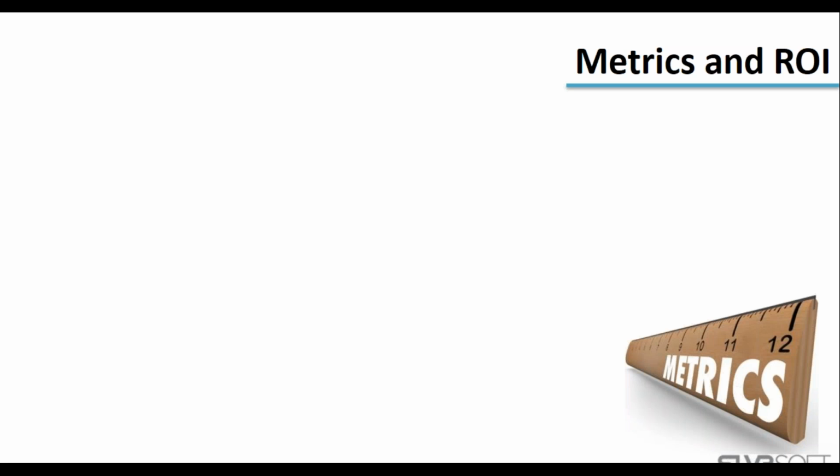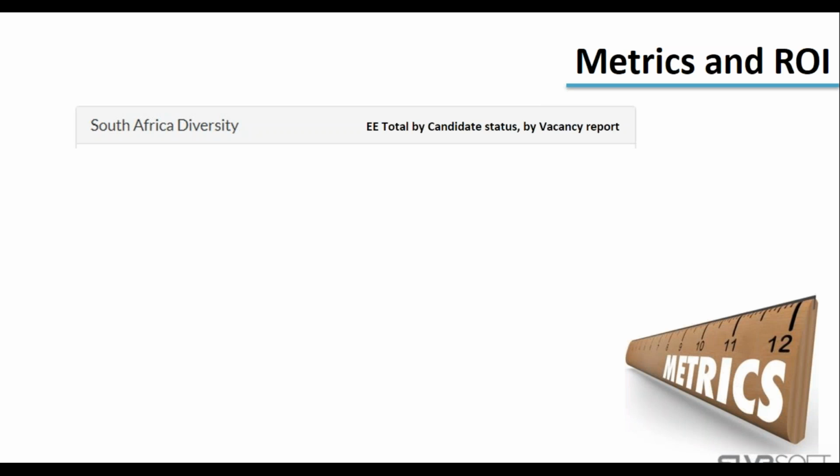From a metrics perspective, what you can expect from software systems such as this is that it will be able to report on the South African diversity. So it'll be able to give you EE totals by candidate status, by vacancy report. This is very important because we obviously have certain quotas that we have to adhere to, but just sometimes those difficult jobs, we cannot find the right quota.